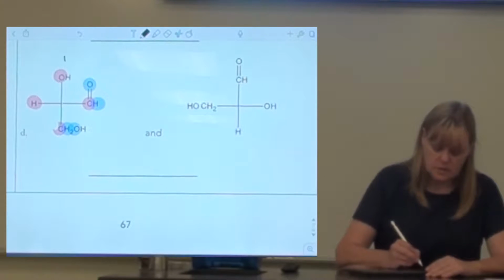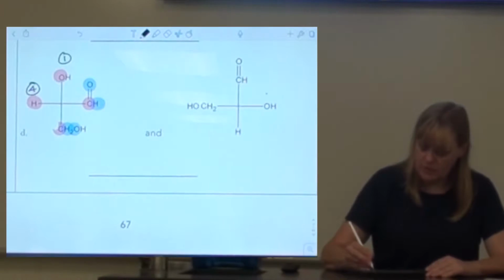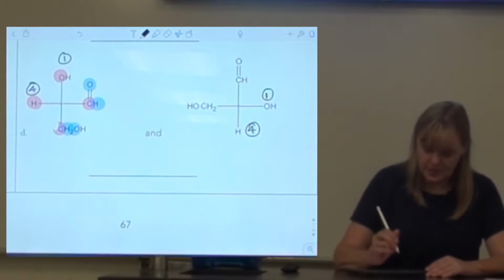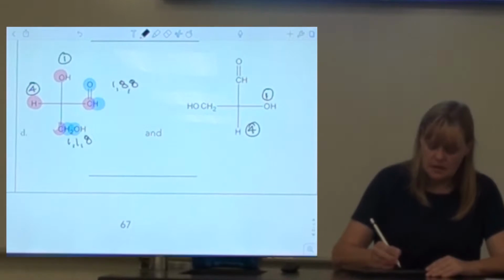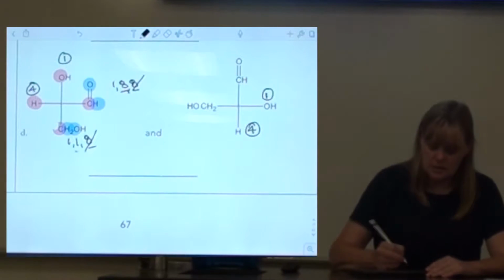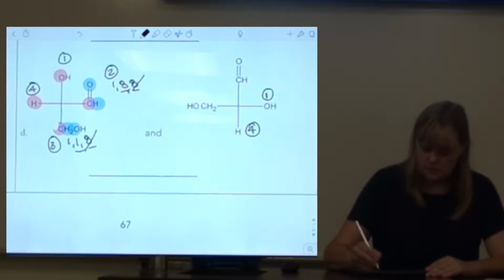Okay, so here's 1 and 4. I'm going to label them over here now before I do any switching around, just in case. Okay, then you have 1, 1, 8, and 1, 8, 8. The third number doesn't decide it, but the second number does. 2 and 3.